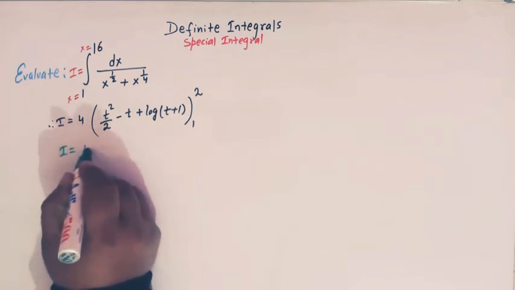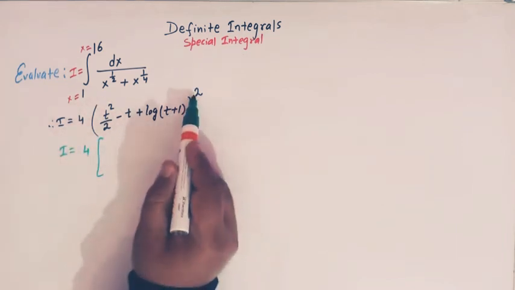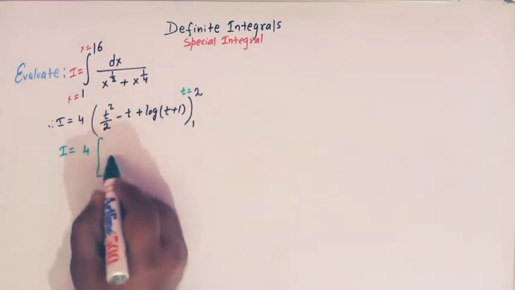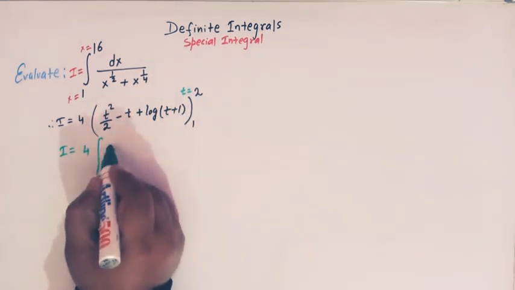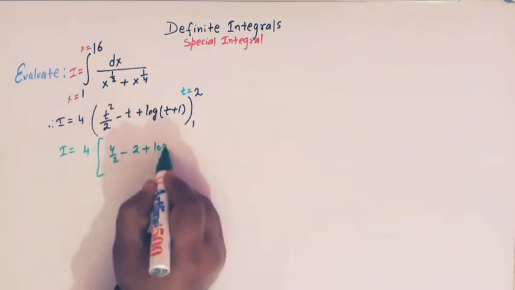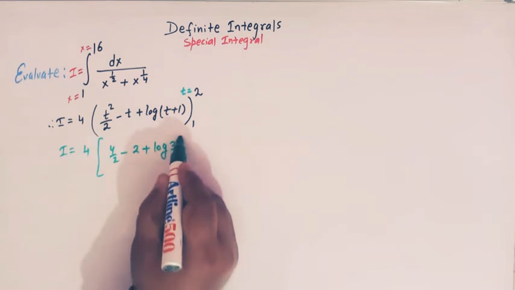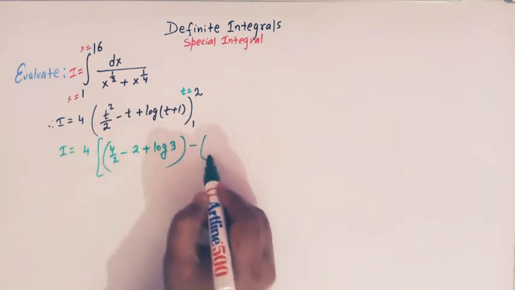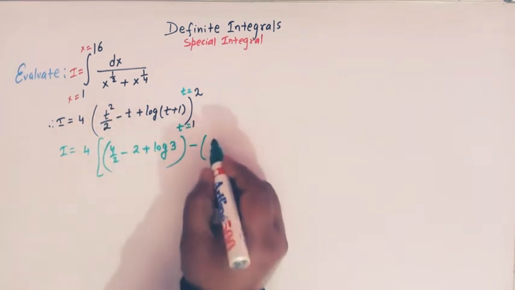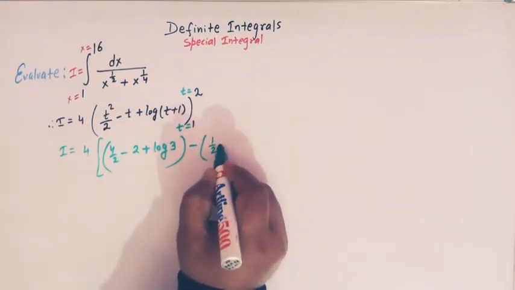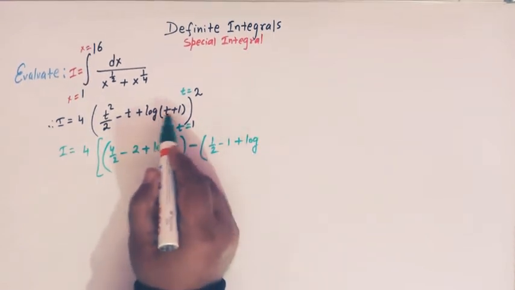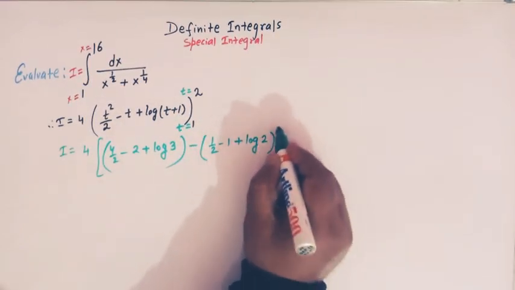When t is equal to 2, we have 2 square, that is 4 over 2, minus 2 plus log of 2 plus 1, that is 3. And when t is equal to 1, we have 1 square over 2, that is half, minus 1, and log of 1 plus 1, that is 2.